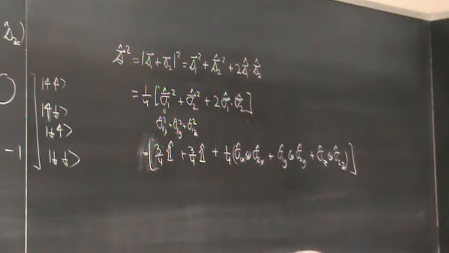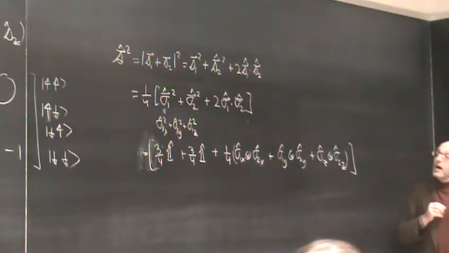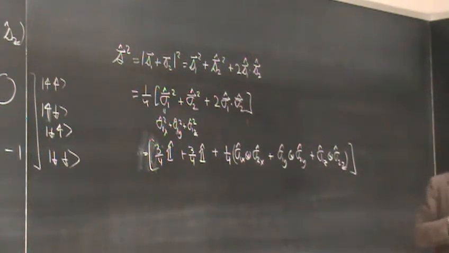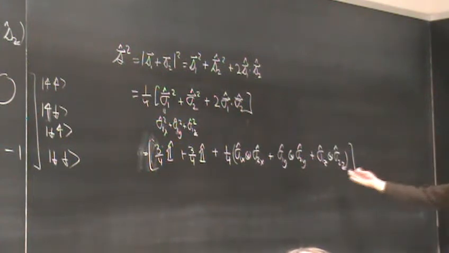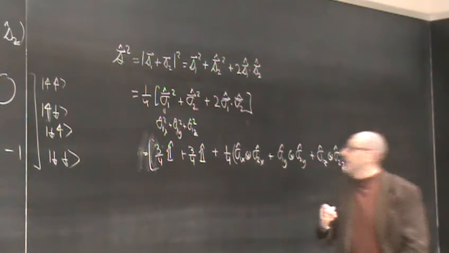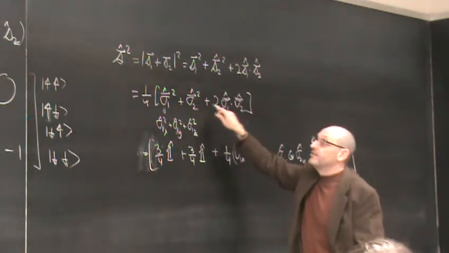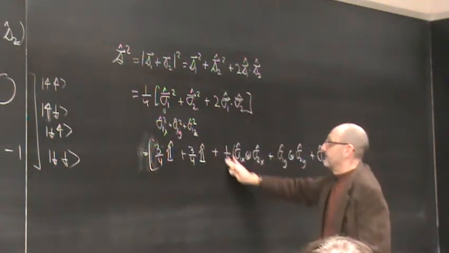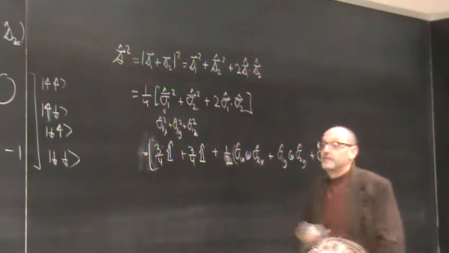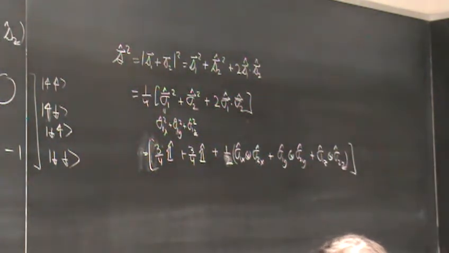Right? That's what that dot product means. All right, so now we want to write a matrix representation of this operator. Oh, there's a factor of 2 actually, it wasn't there. 2 times that is 1/2.